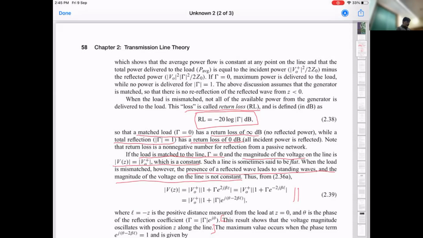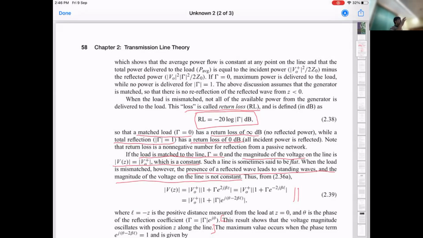It's minus 20 log mod of gamma. Remember that gamma can have a positive or negative sign depending on whether ZL is greater than Z0 or less than Z0. So we can't put a negative number inside a log. So you take a magnitude, take the log and multiply by 20. Then there's a minus sign because that's the convention, so the return loss is defined as a positive number.